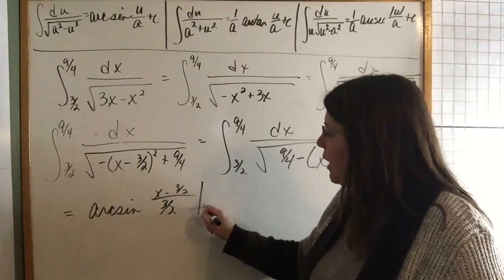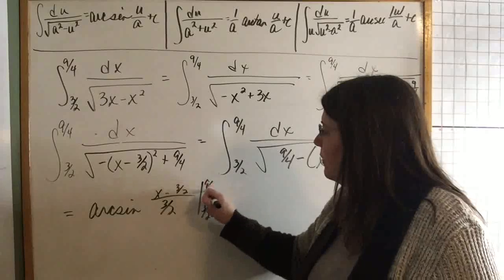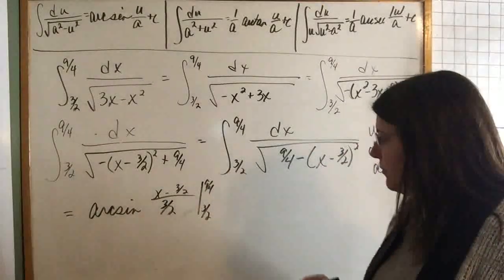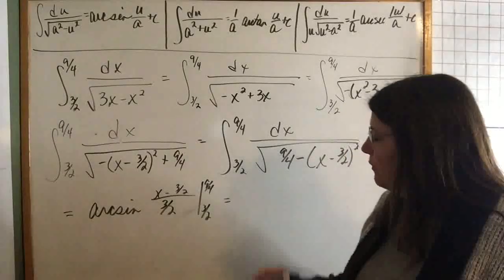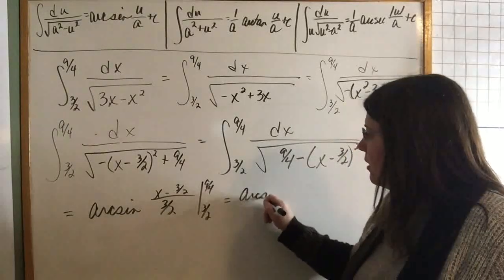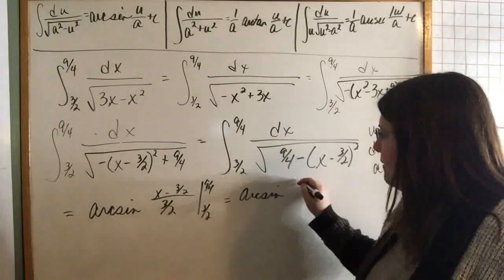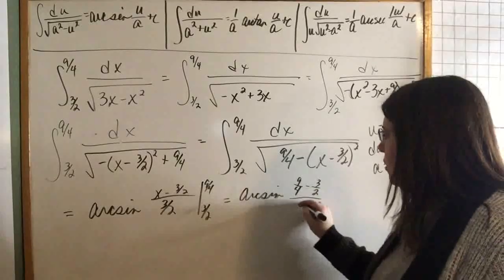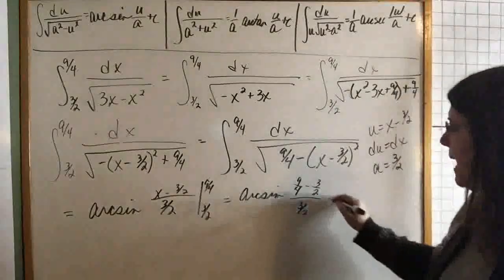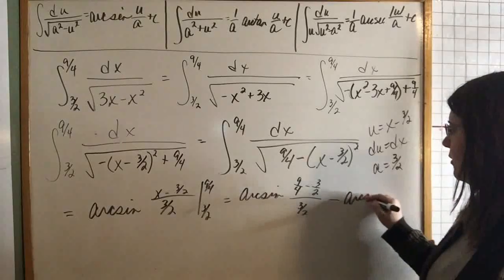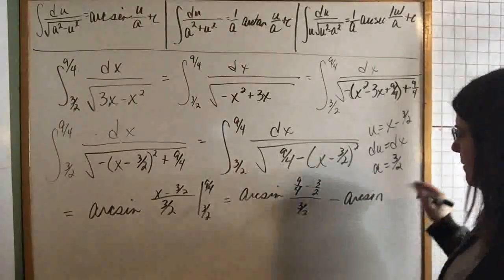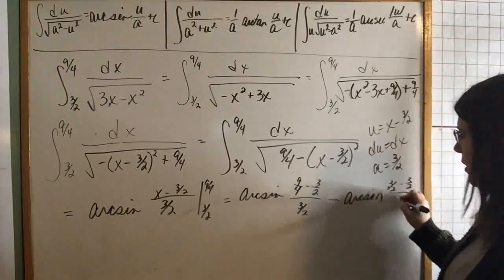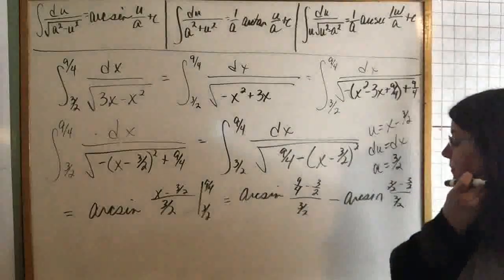And then we're going from 3/2 to 9/4. At this point, I'm going to plug in. So I'm going to plug in 9/4 first. So I would have arc sine of (9/4 minus 3/2) all over 3/2, minus arc sine of (3/2 minus 3/2) all over 3/2.